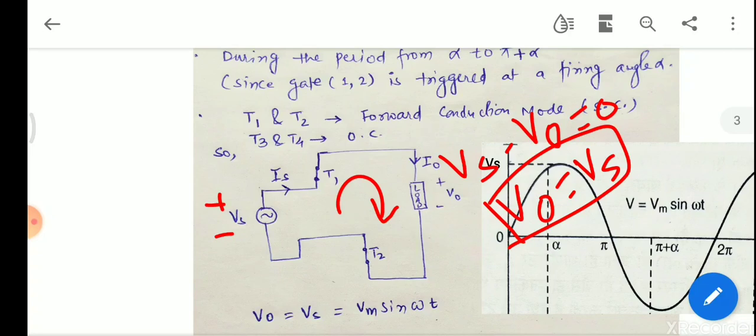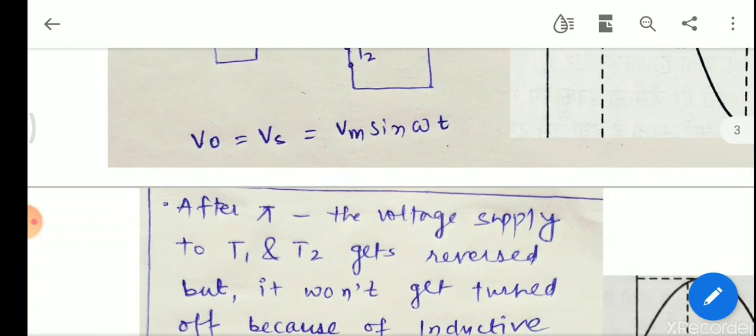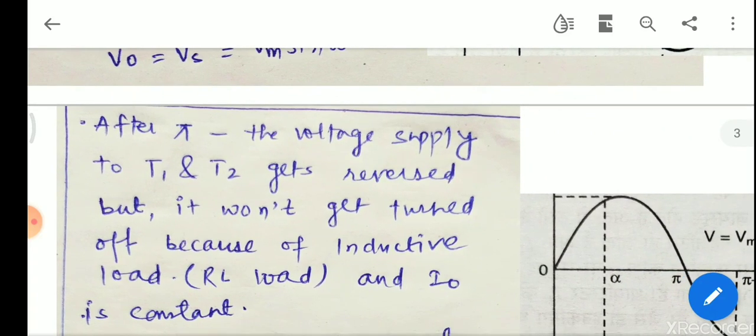Okay, so now after pi, this is the most important point in this lecture. After pi, what is happening? The voltage supplied to thyristors T1 and T2 gets reversed. Okay, but it will not get turned off because of the inductive load, and I0 is constant.